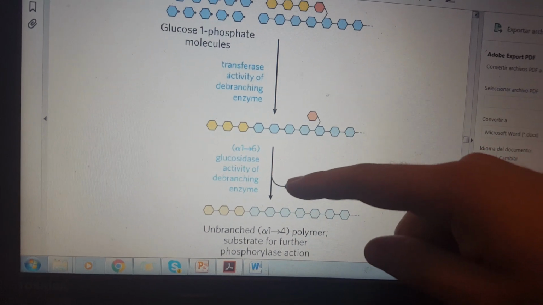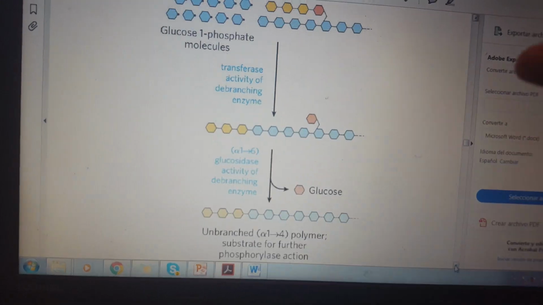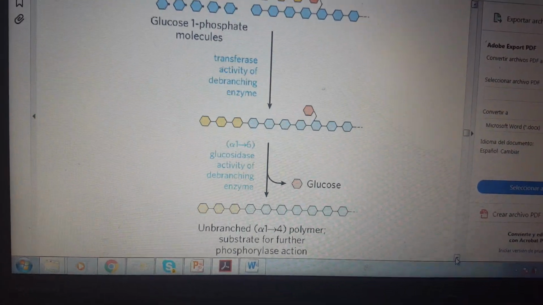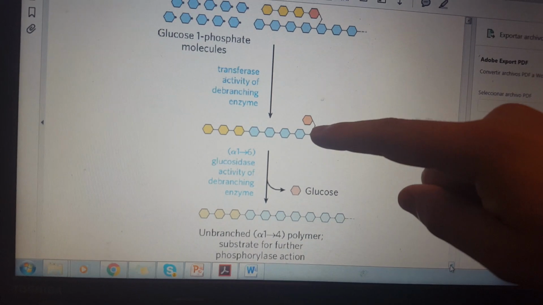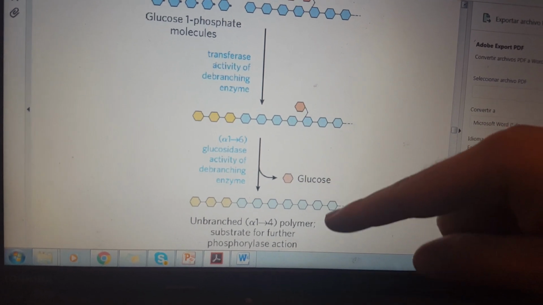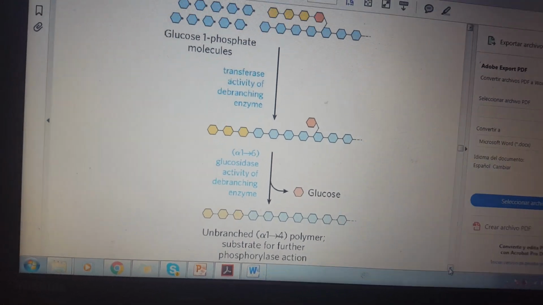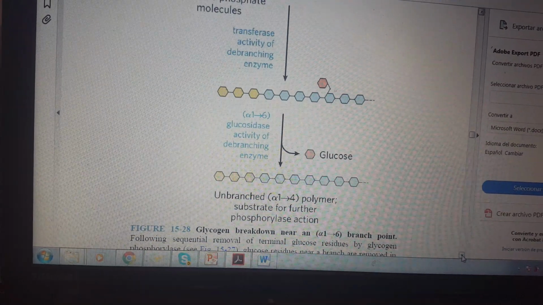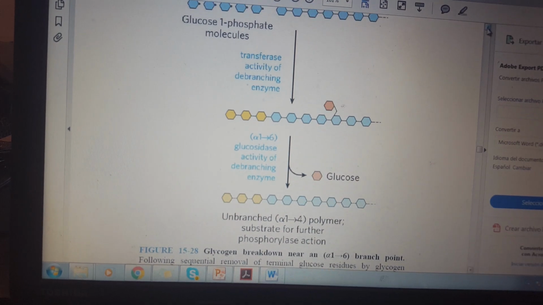Then the second activity is the breakdown of the alpha-1,6 linkage of the glycogen branch. So this enzyme is going to catalyze the breakdown of this linkage here, and we're going to have free glucose in the cytoplasm, or it's going to be transported by other metabolic pathways. So this is basically the activity of these two enzymes.